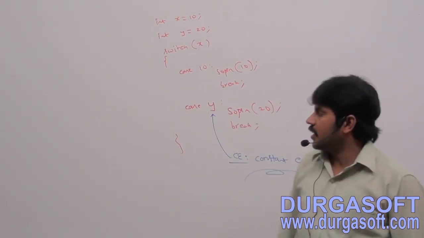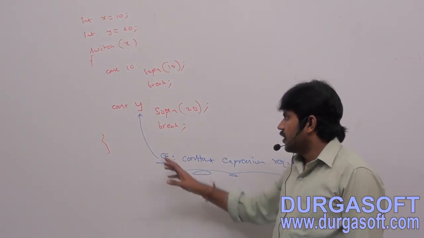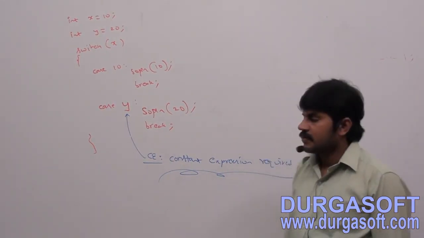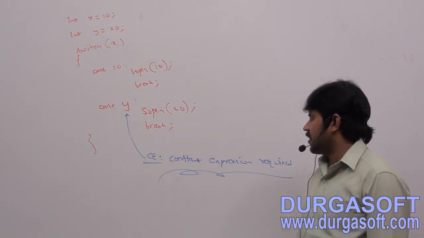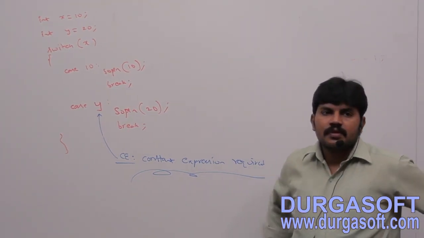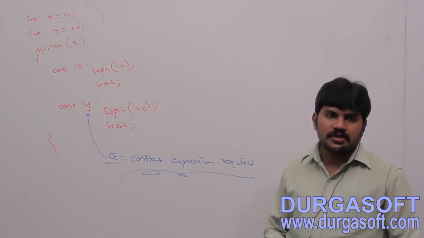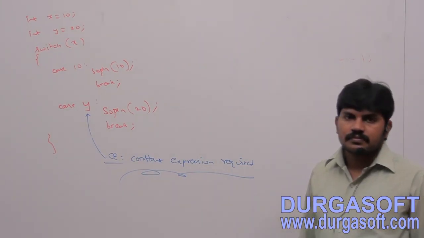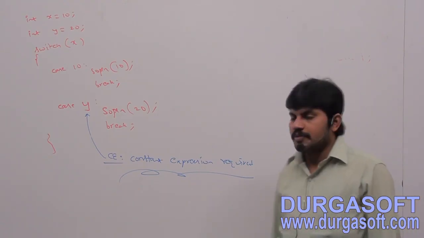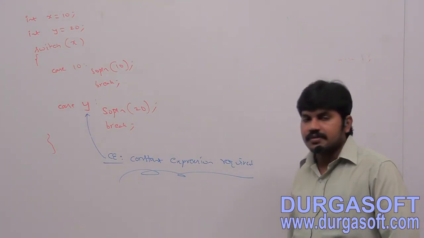Next case 10, SOP of 10, break; case y, SOP of 20, break. So immediately we will get a compile time error saying constant expression required. Is it clear, right?